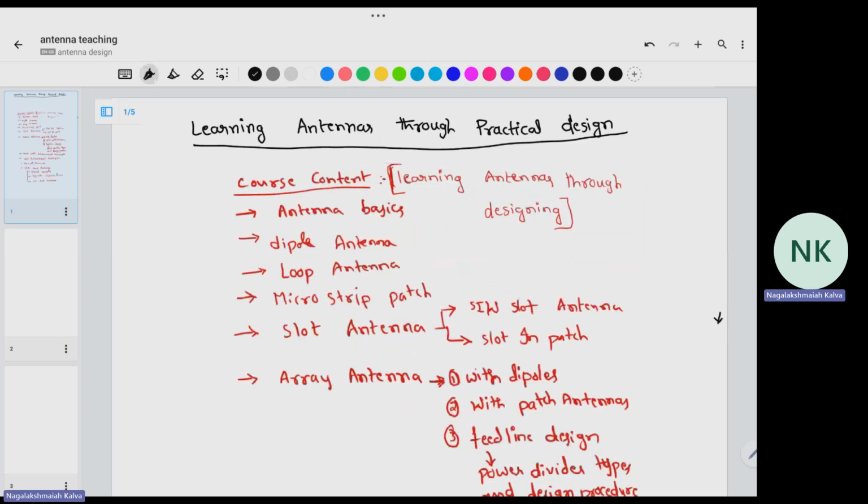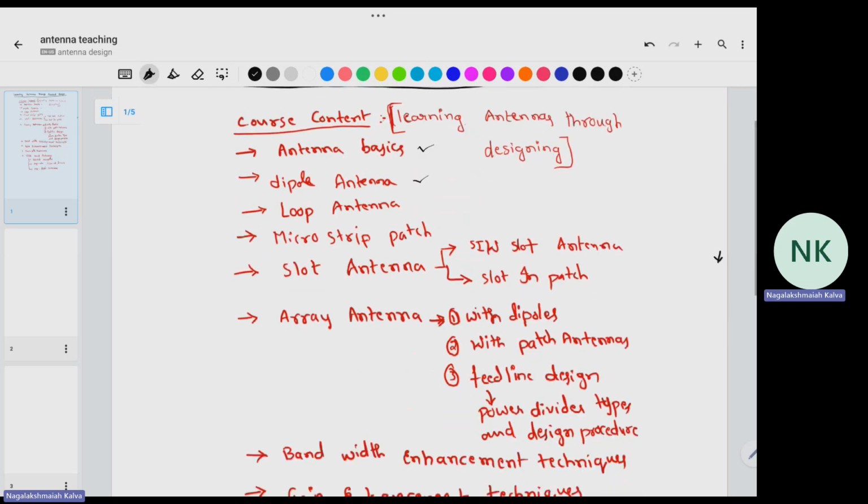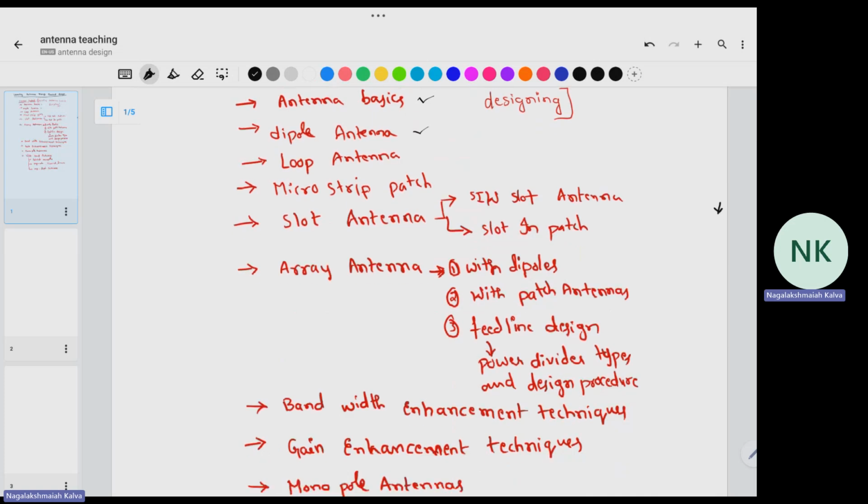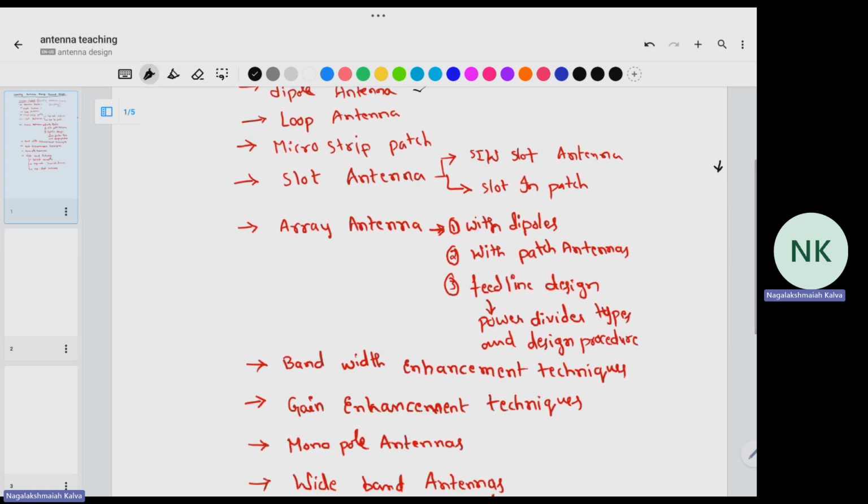We'll discuss in this video related to antenna basics, and there's some small theory about dipole antenna and design of dipole antenna. The later videos will go ahead with loop antenna and microstrip patch antenna. Related to microstrip patch antenna, what are the types, techniques, all these things. It will again be a series of videos.